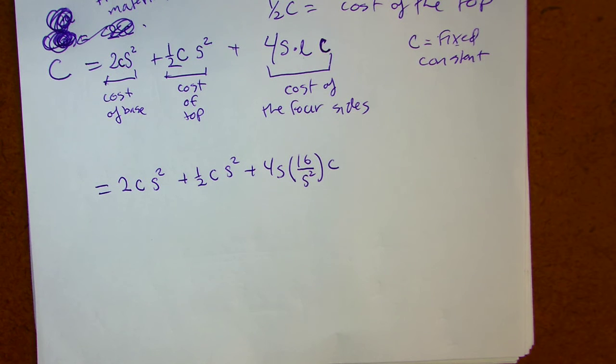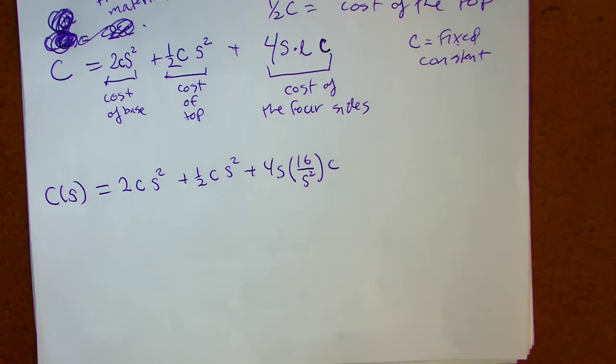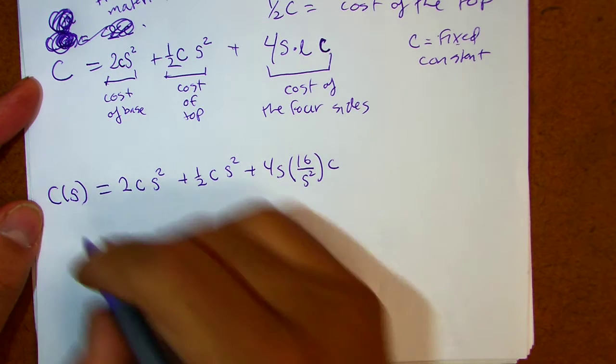Okay. And now I have a function in terms of one variable, right? And that variable being S. Okay? So let me simplify this a little bit.